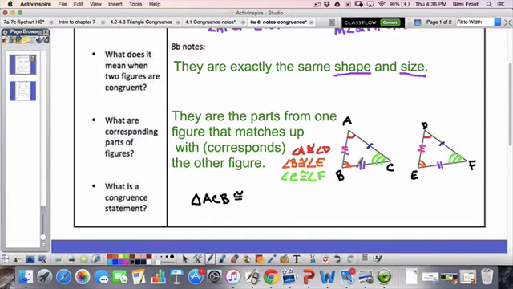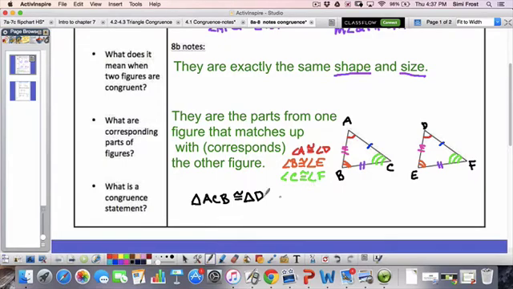But when you go to write the second one down, you have to pay attention to how you're lettering it and in what order. So since I started with A, I need to make sure in my congruency statement that I start with the corresponding angle in the other figure. So A goes with D. That means I need to have D first.